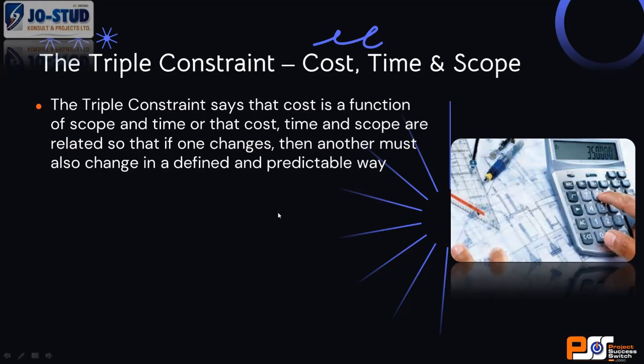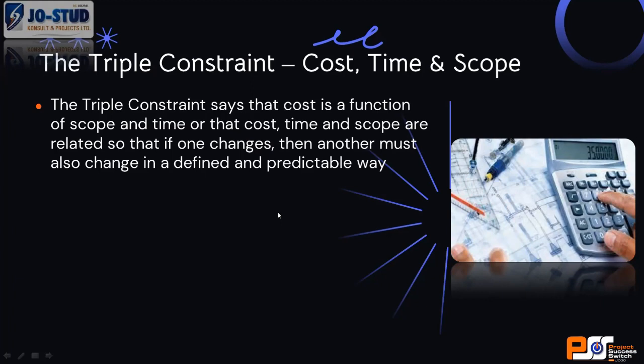If your client tells you you are supposed to do XYZ for me, and then comes and says now it's going to be XYZ plus K, automatically it will have an impact on your cost and on your time. And it may affect quality if it is decided that you must keep your time and cost constant. The rule is very, very simple. If you adjust your scope, get ready for cost and time adjusting.